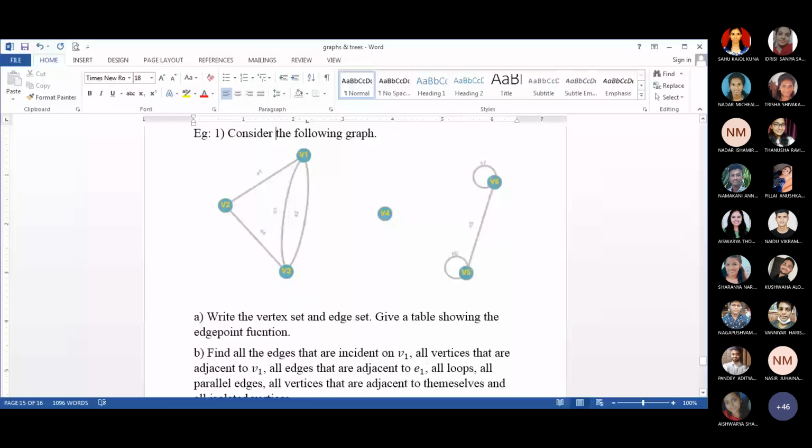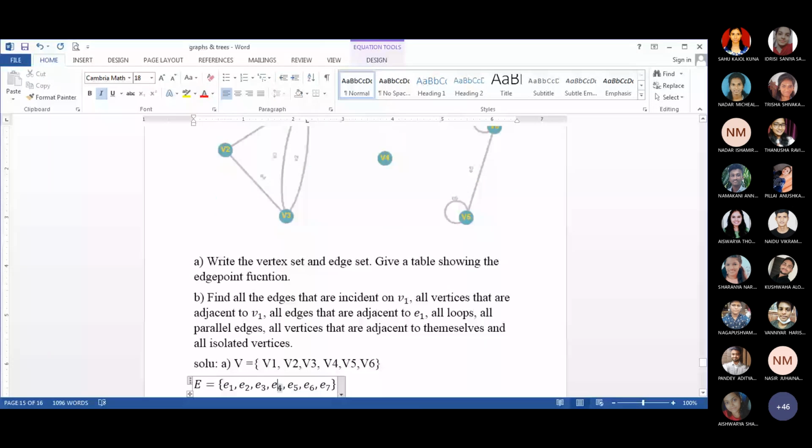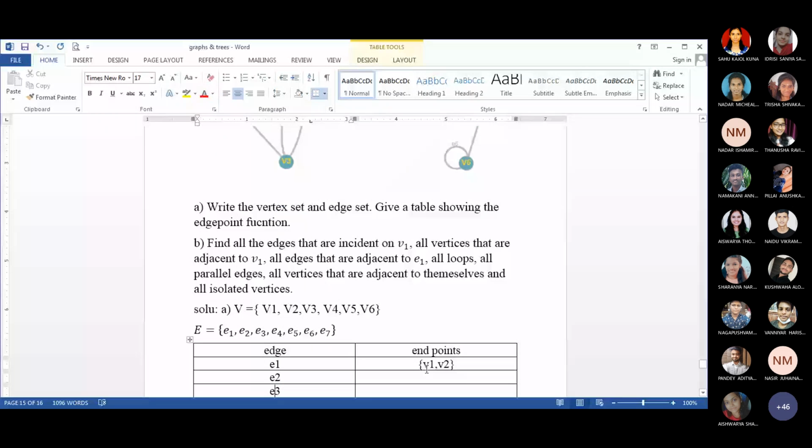So अभी E2, can you tell E2 का endpoints क्या है? V1 and V3, very good. What about E3? V1 and V3, same.